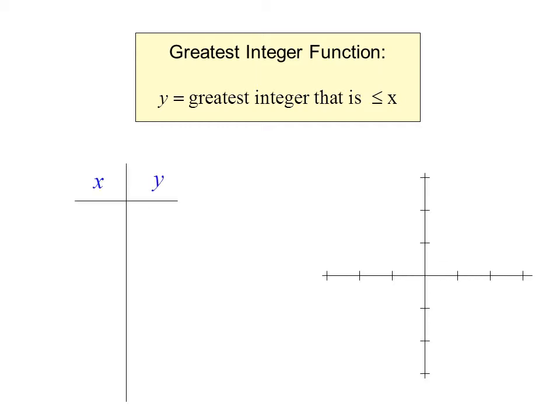If we make a table and start with x equals 0, the greatest integer that is less than or equal to 0 is 0. So we put a dot on the graph. If we move over a little bit to the right, the greatest integer that's less than or equal to 0.5 is still 0.